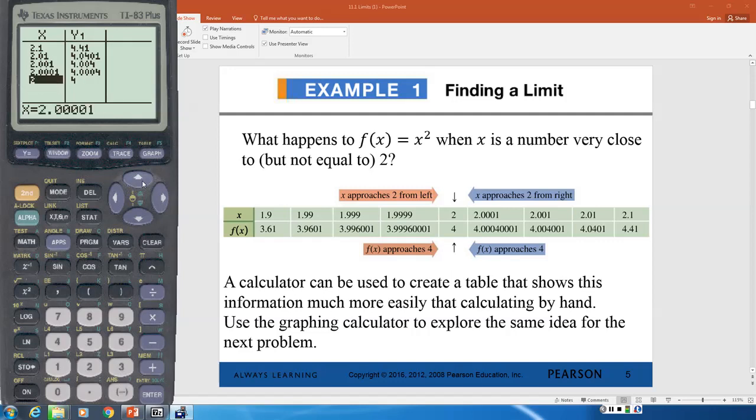And notice again, when I put in more digits than the calculator could actually display, it rounded it off, but it really did recognize that I put in 2.00001.